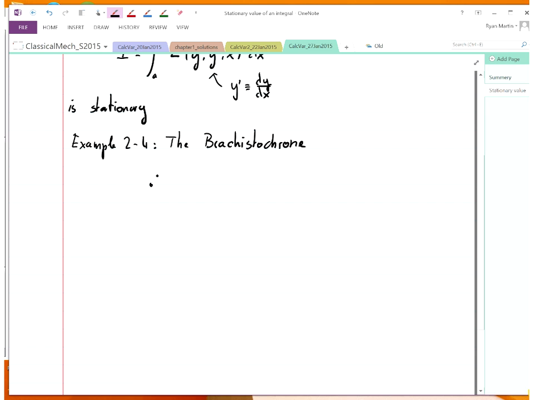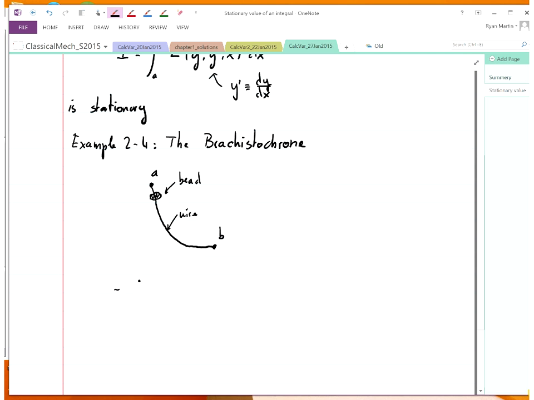So let's say that we have a point A and a point B, and we have a wire that we want to connect from A to B. And we have a bead. So that's a wire, that's a bead, and the bead can slide frictionlessly along the wire.